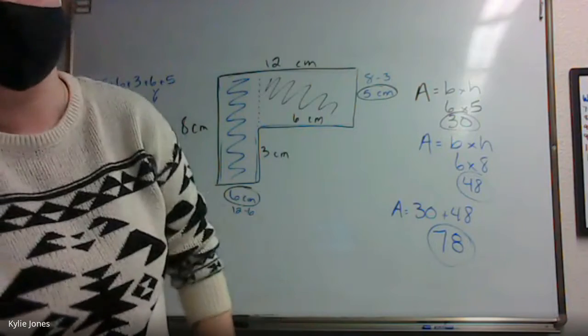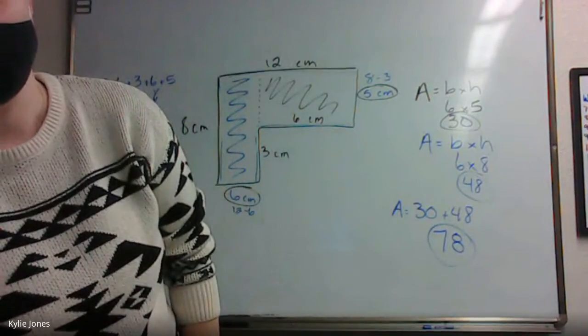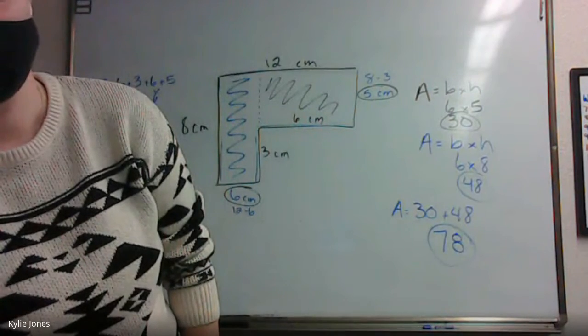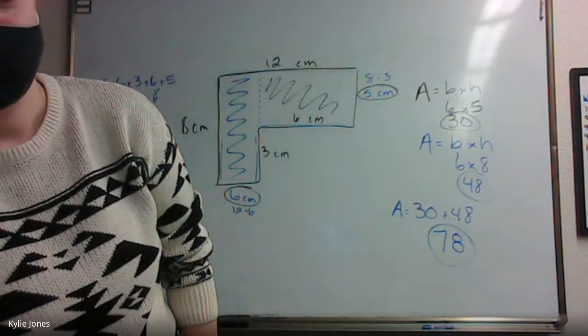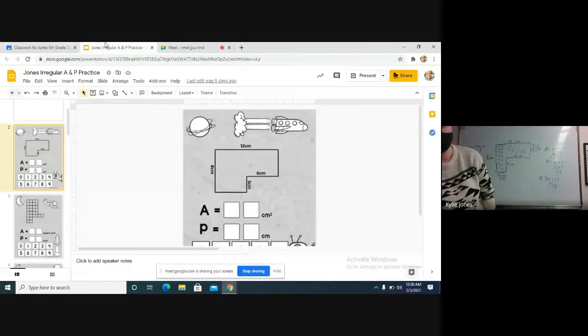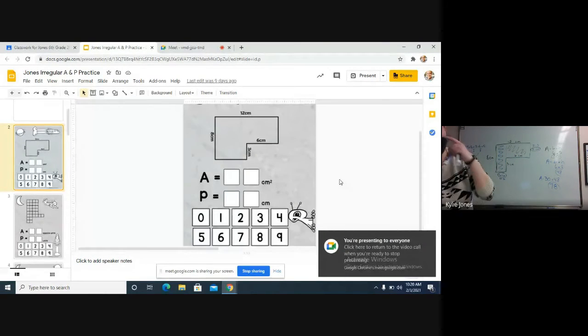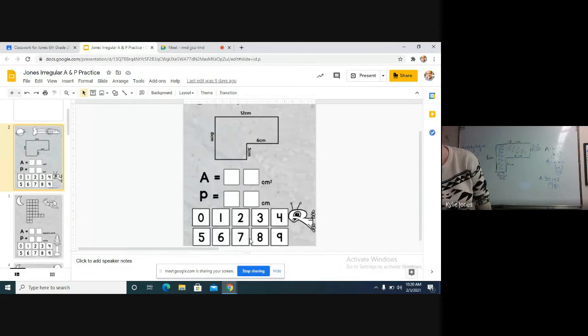We just need to put them on the Google Slides. I'm going to go ahead and go over to those Google Slides. Okay, so on slide number 1, for area, what did we get for area? For the area, we got 78.